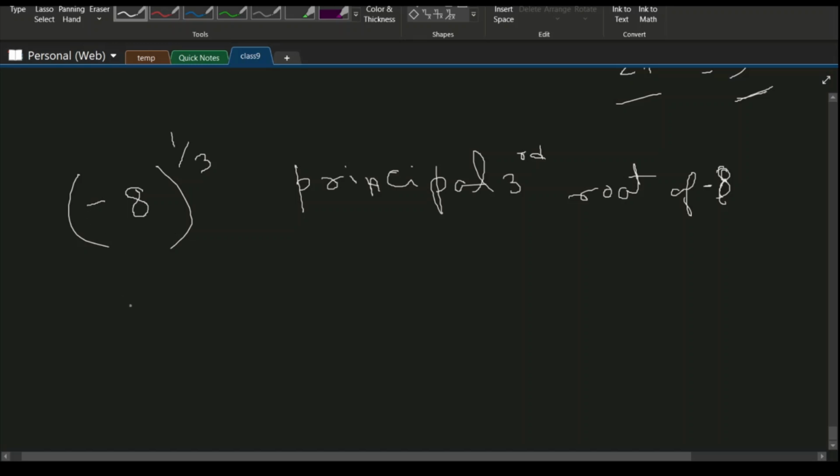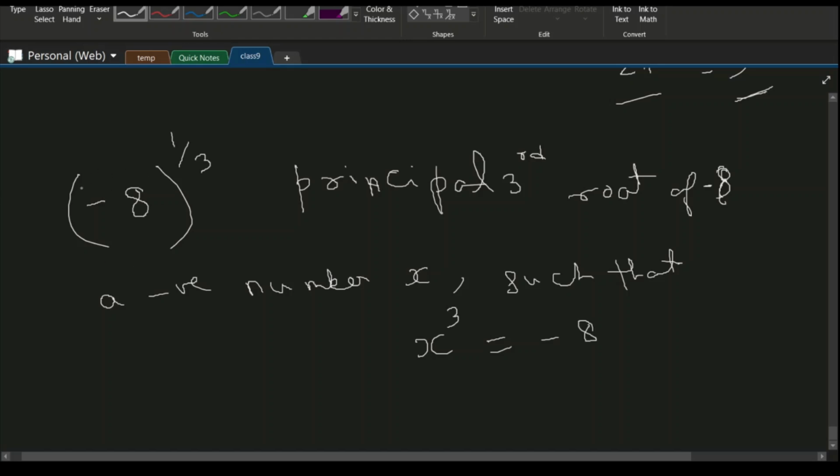So this will be a negative number x. Why negative number? Principal third root, why we want a negative number is because the base is negative here, right? So principal third root of minus 8 will be a negative number x. And it is power 1 by 3 and that 3 is an odd number. x to the power 3 should give me minus 8.